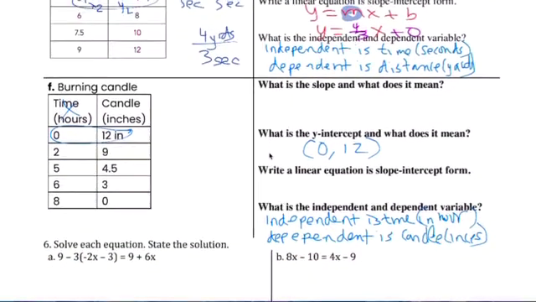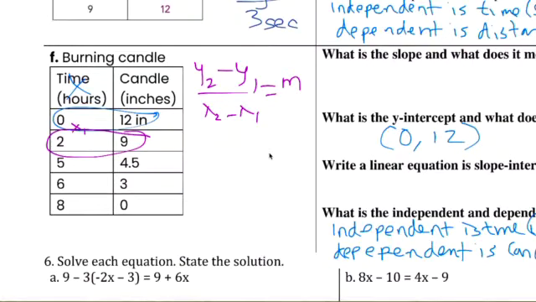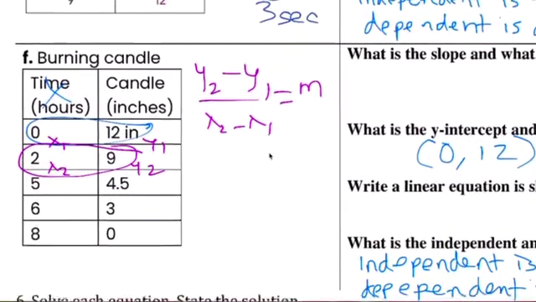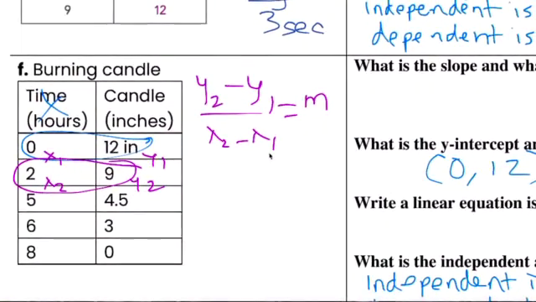Slope, again, y sub 2 minus y sub 1 over x sub 2 minus x sub 1 is the slope formula, m. So we're going to use these two right there, x sub 1, y sub 1, x sub 2, y sub 2. The y-intercept starts with 0. You've got y2 is 9 minus 12.